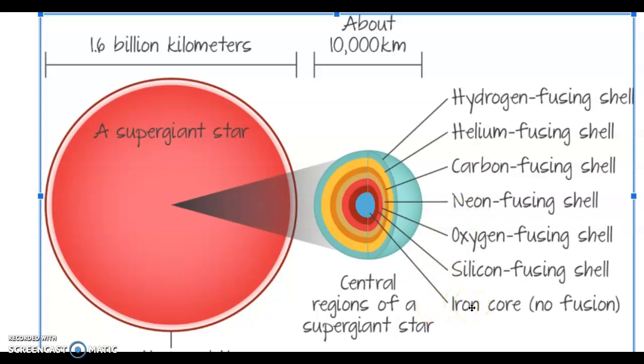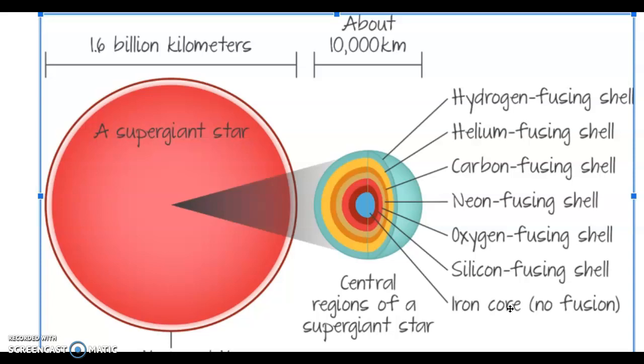So it's not just hydrogen, helium, and carbon that can be found in these stars, but a whole range of elements. And in fact, the process ends with iron because iron cannot be fused together. You should remember from topic 7 that iron is the most stable element.